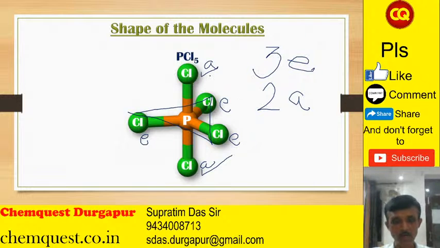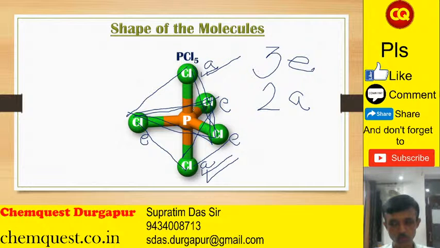Three equatorial means 3 equatorial and 2 axial. Axial bonds are above and below the plane, and it is the triangular part. Then when you join the axial part with the triangular planar part like this, you get two pyramids with a triangular base.